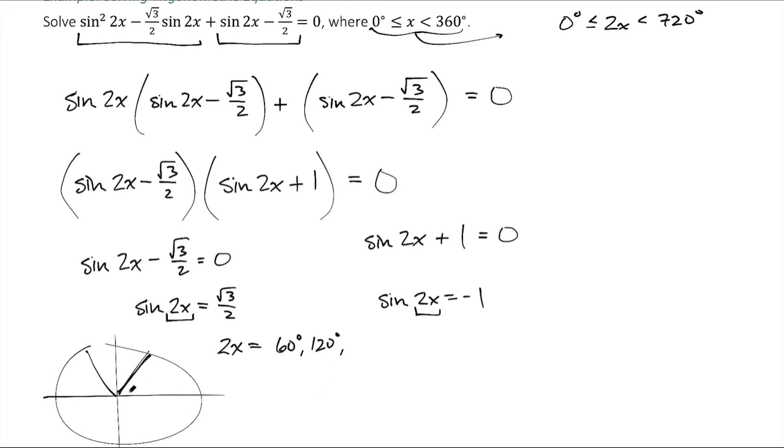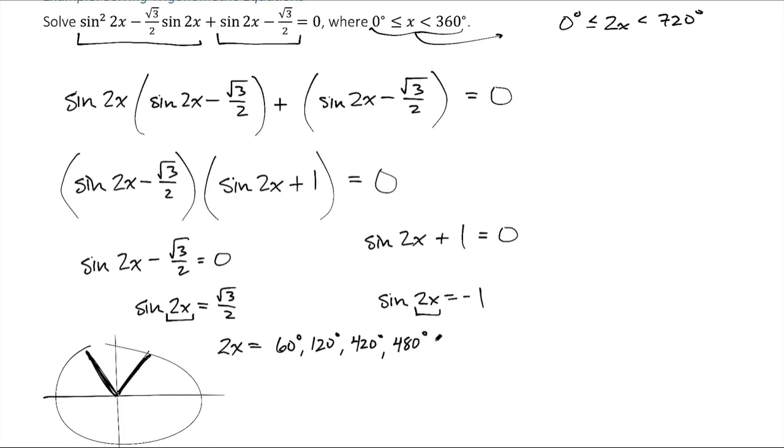And then I go all the way around, and that's this spot here. That's just going to be 60 degrees plus 360, which is 420. And then this one here, if I go all the way around, that's just 120 plus 360, which is 480. So I get 4 places where the sine of 2x is equal to root 3 over 2.